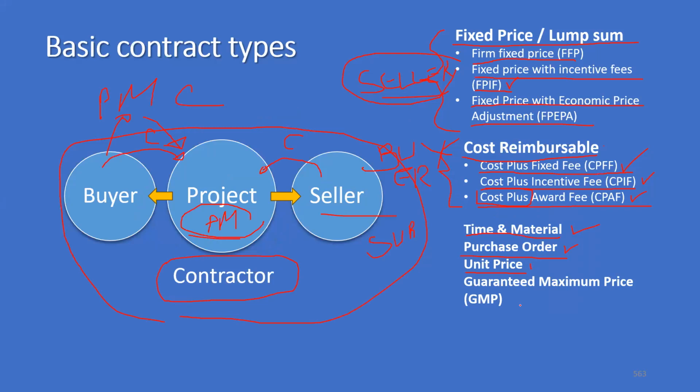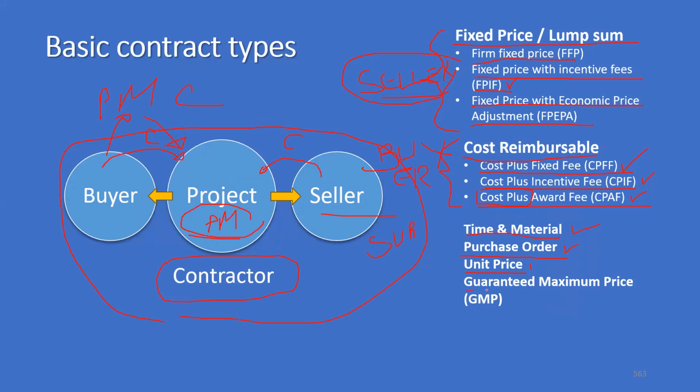If you are doing a new house, it is cost per square feet. So as and when you complete a square foot or a kilometer of the road, then you get paid for that. That is unit pricing.